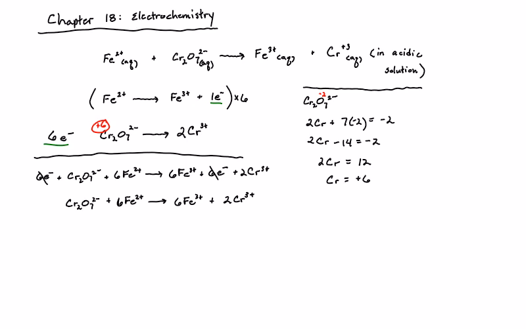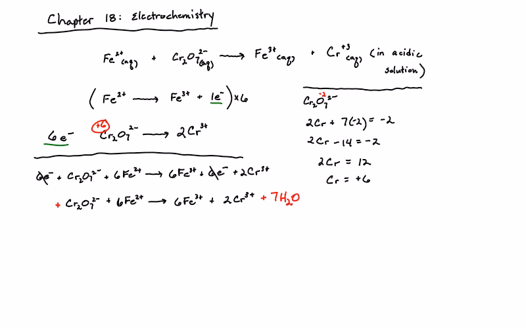So we're going to add on 7 waters. Okay, now this might seem counterproductive because now we're actually adding hydrogen as well. So there needs to be a way to balance the hydrogen out. So on the other side of the equation, we're going to add H+.